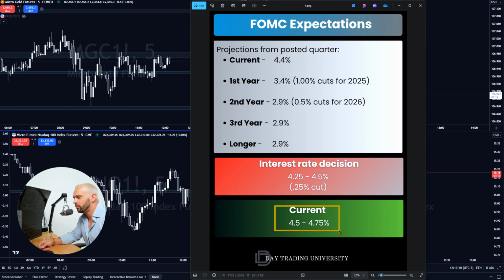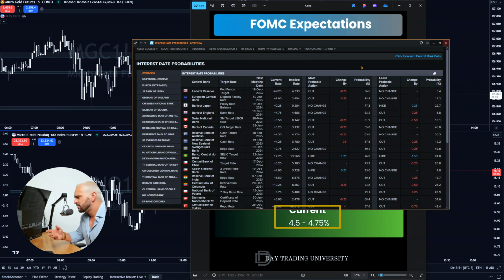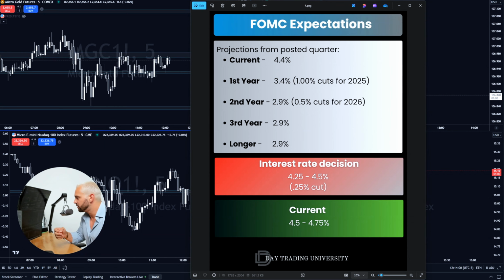We're currently sitting at 4.5 to 4.75 for interest rates. It's a range. If you ever look at, maybe I can show you my news terminal real quick. If you ever look at their interest rates, see here how it says a target rate. It's not a specific number. It's a range. They call it the Fed's fund target or the Fed's fund rate, but it's a target range.